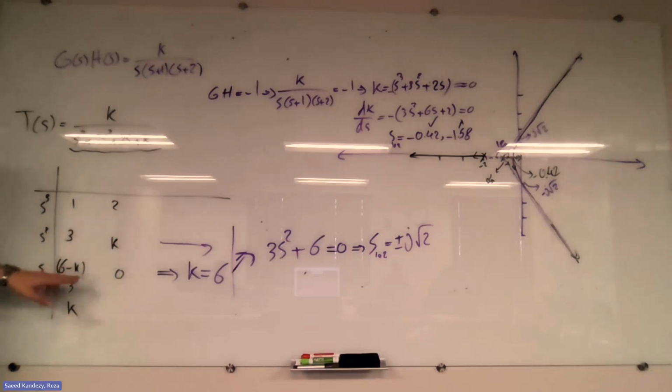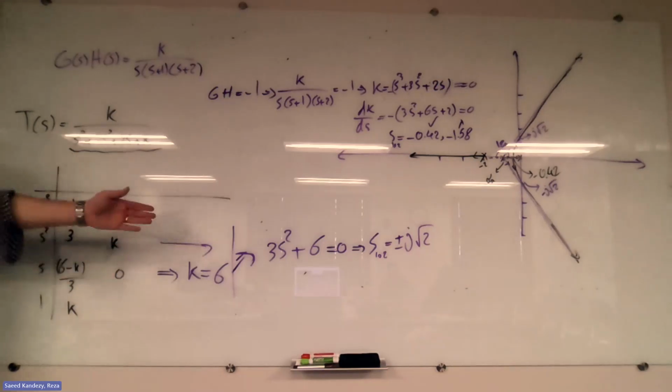For K equal to 6, this one becomes 0. For K less than 6, what would happen here? It would be positive, because for K less than 6 the numerator is positive and the denominator is also positive, so this remains positive.